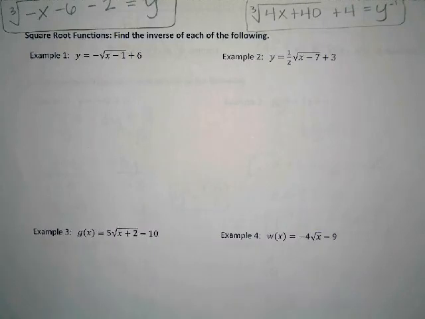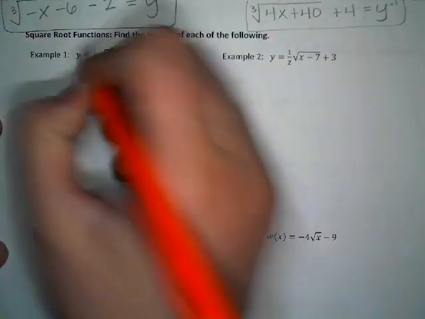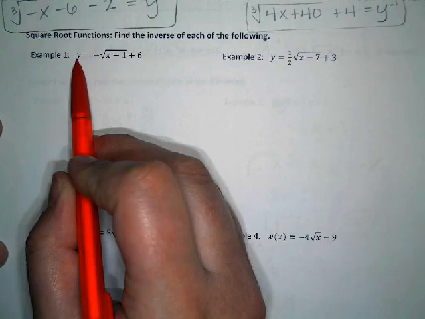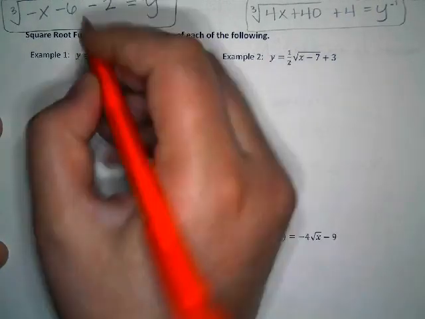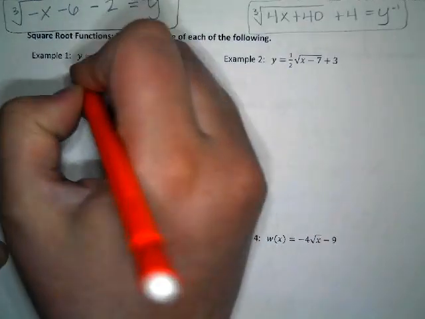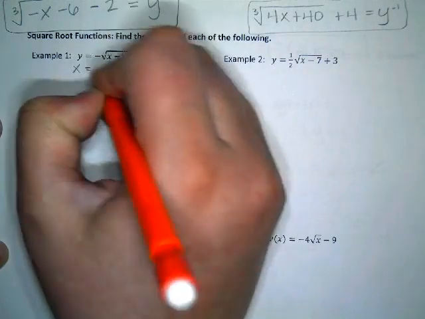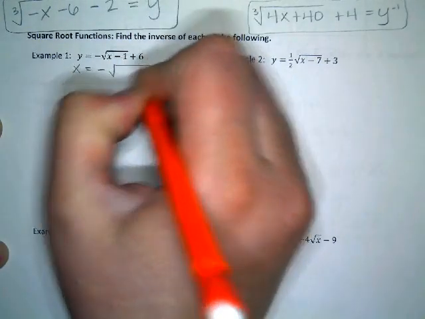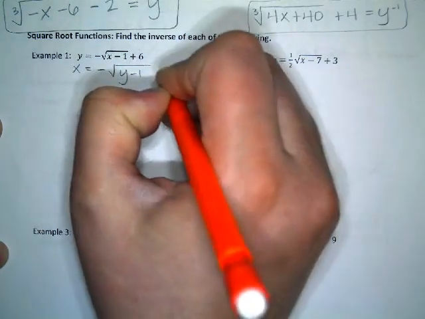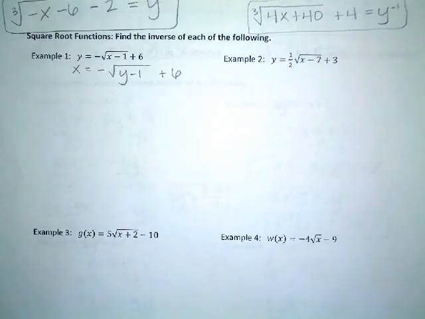Okay, so remind me, what's the very first thing we do when we're finding an inverse? Yeah, we're going to trade the x and y. So this one actually has a y in it. It doesn't have the other notation, so I actually get to trade the x and the y first. Okay, and then my goal is to get the y all by itself.